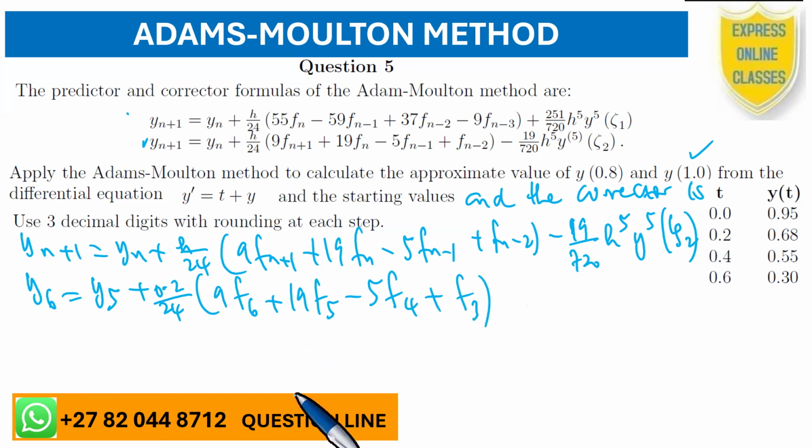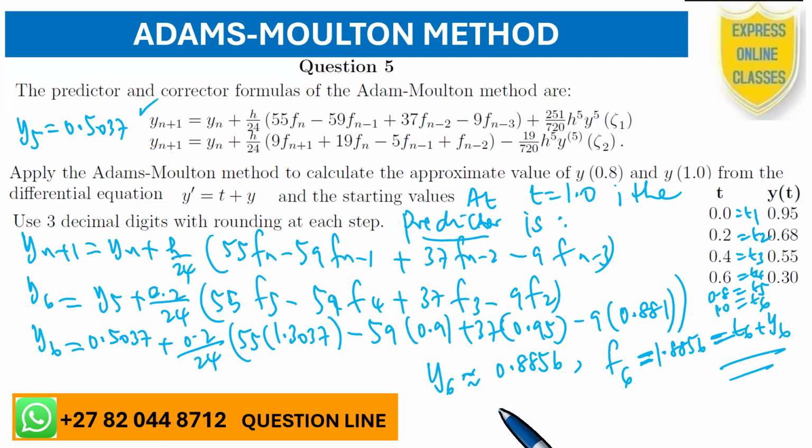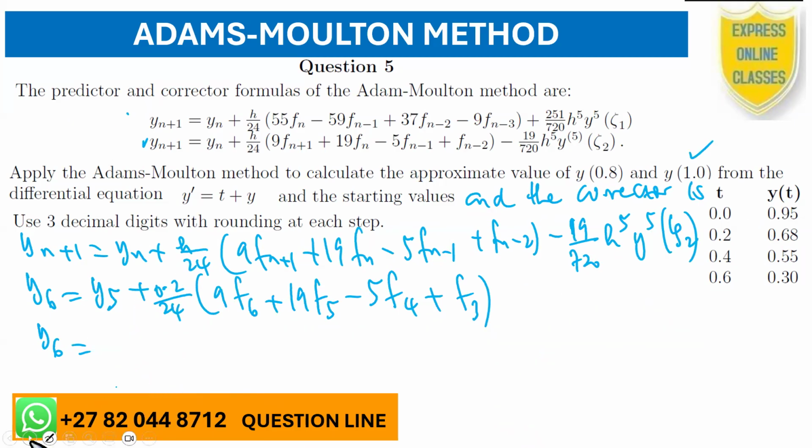The rest becomes 0. At this point, you would have y6. What is our y5? We have already got the y5, which was exactly the same as here. Y5 was 0.5037, and that is what we're going to use.